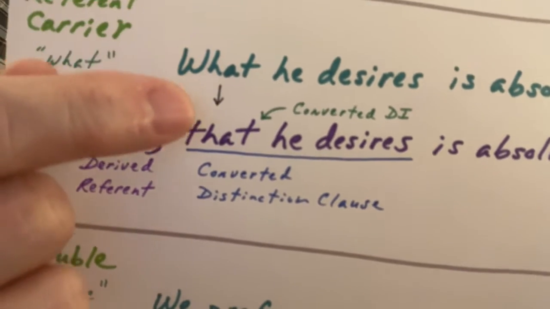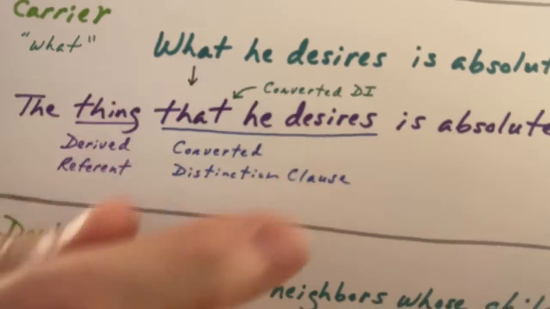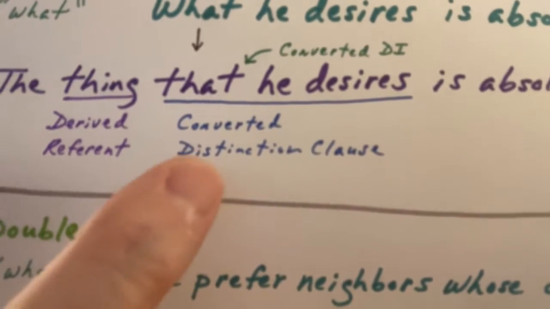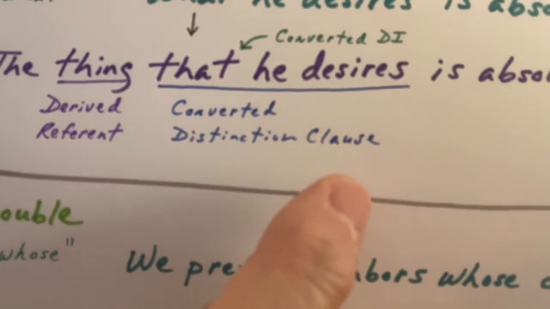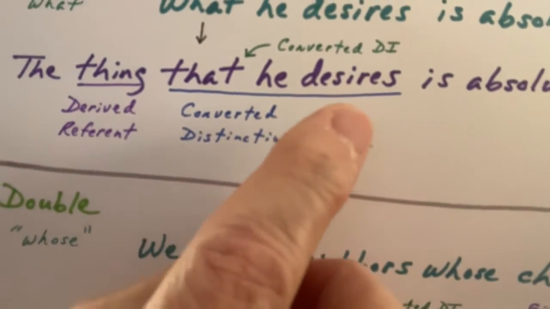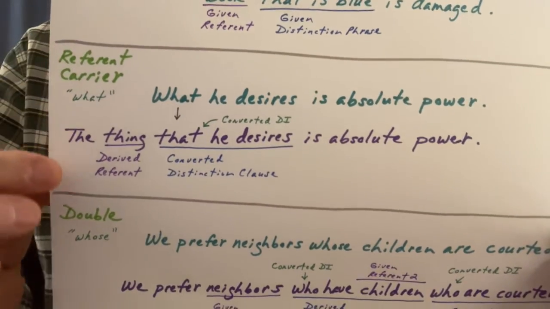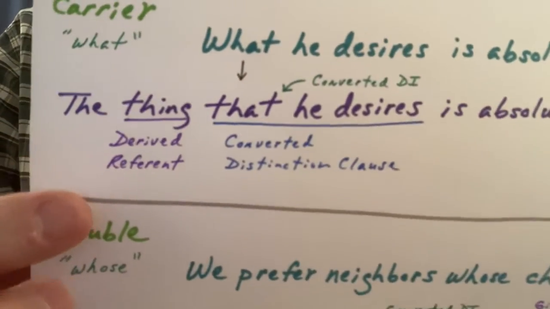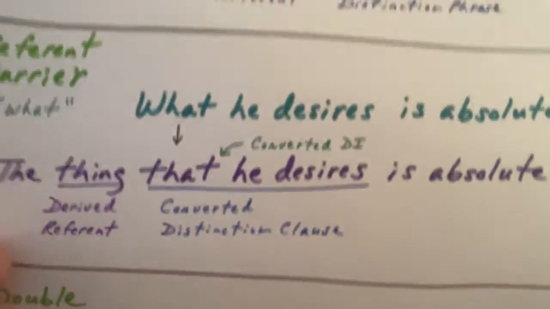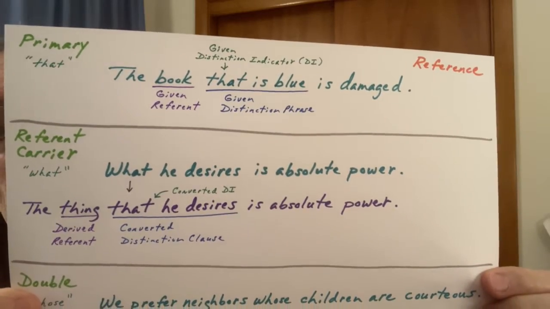We started out with what, and we go to that. That he desires is your converted distinction clause. That's a distinction clause because you have a little subject and a little predicate. So in the case of the referent carrier, you have a different type of referent and a different type of distinction clause. You see the difference between the two?